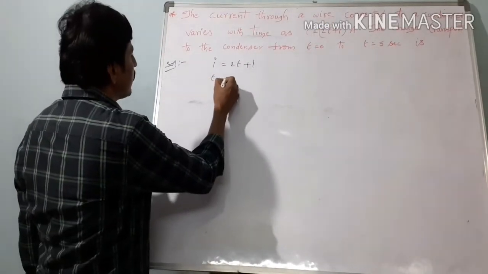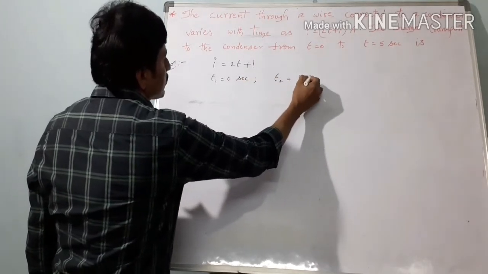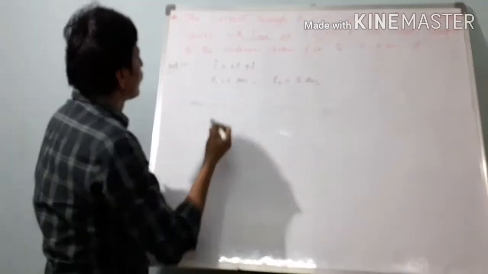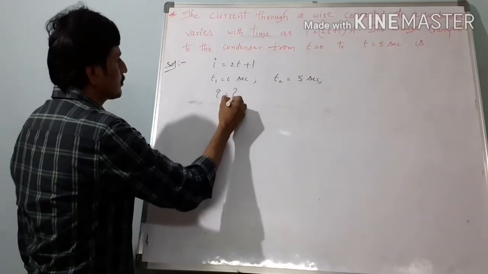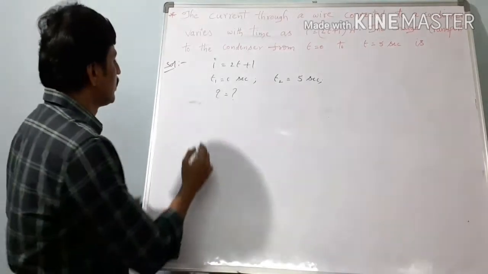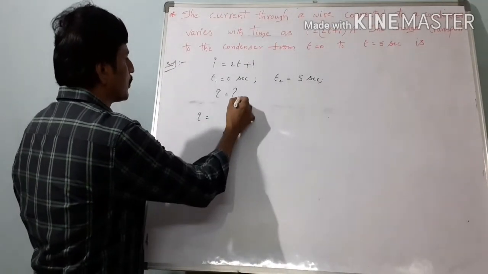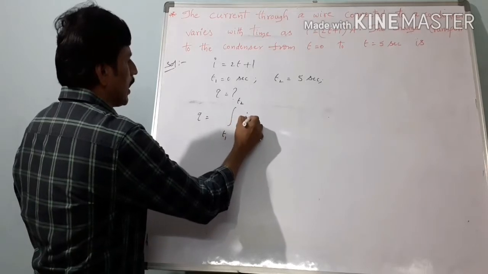That means t1 is equal to 0 second, t2 is equal to 5 seconds. Find the charge. What is the formula for charge? Q is equal to the integral from t1 to t2 of I dt.